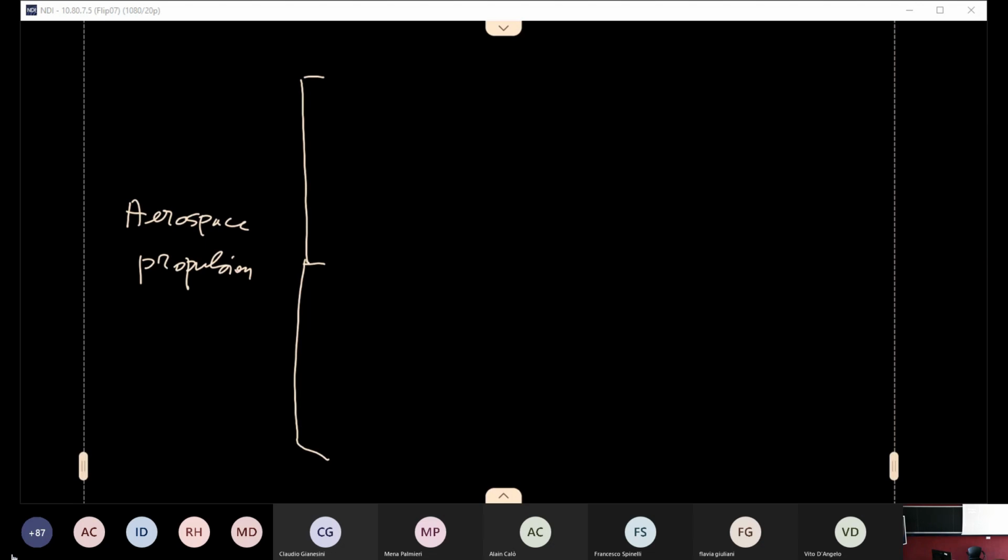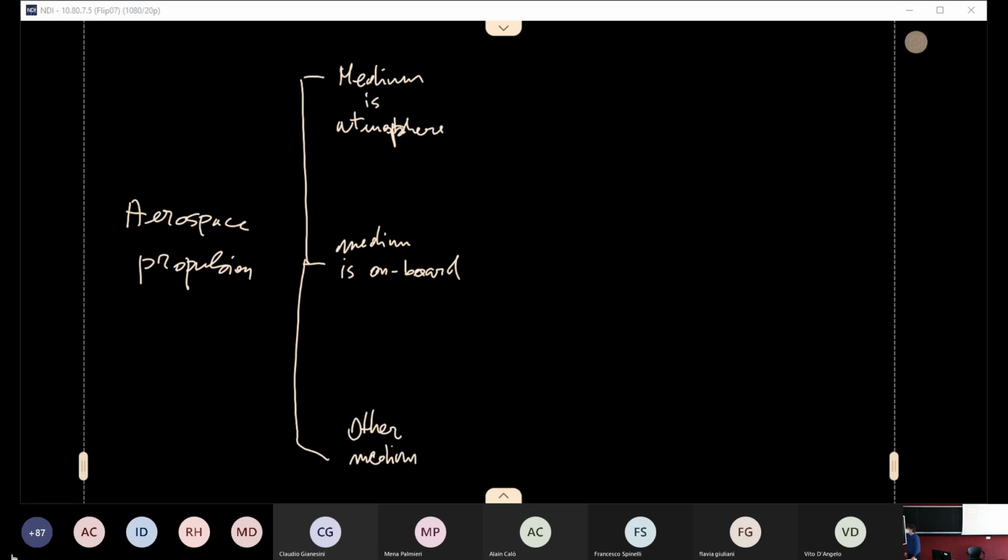So it can be the atmosphere, medium is on board, or other medium. First three kinds of subdivision of aerospace propulsion devices.